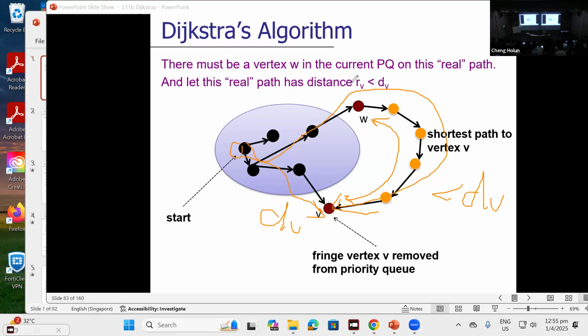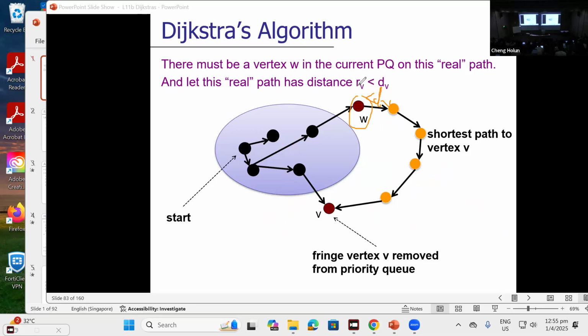And then what is the estimated distance of this one? This one must be dv minus the whole length. That means this one must be smaller than dv. Wait a minute. If this vertex is smaller than dv, the estimated distance, what was the problem?